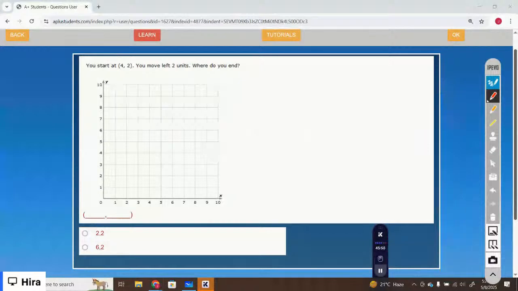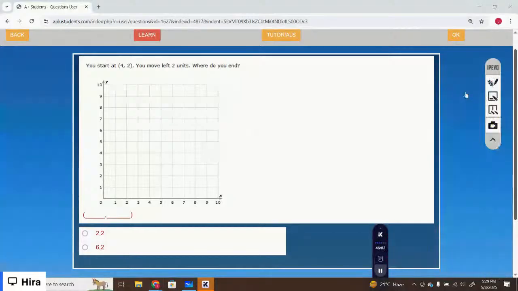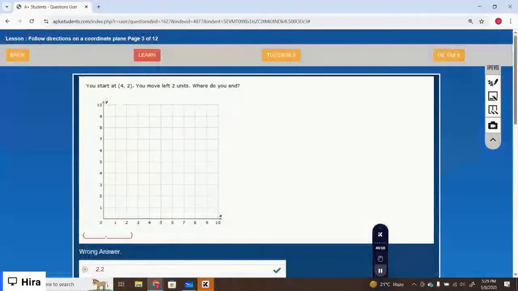Move left 2 units. That is (2, 2). Option number 2 is the correct option.